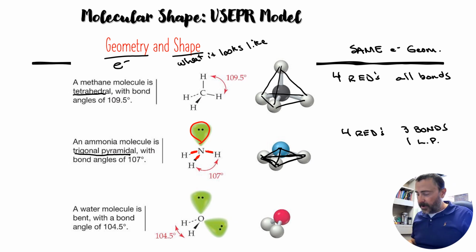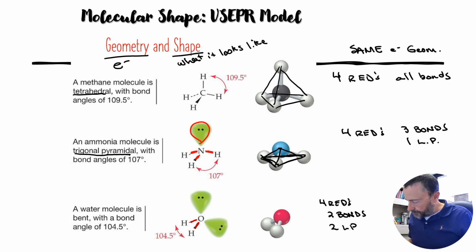The very bottom one, our water molecule, also has 4 regions of electron density. But notice that it only has 2 bonds. The oxygen is bonded once to each hydrogen there. There are 2 bonds, and then there are 2 lone pairs.